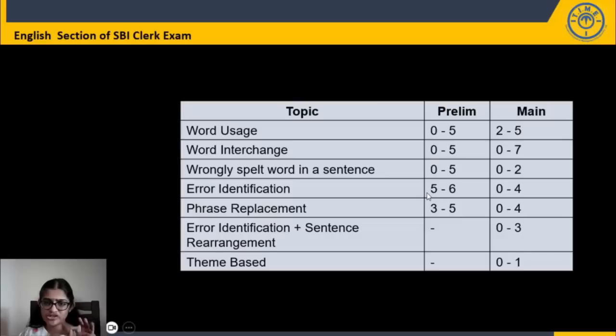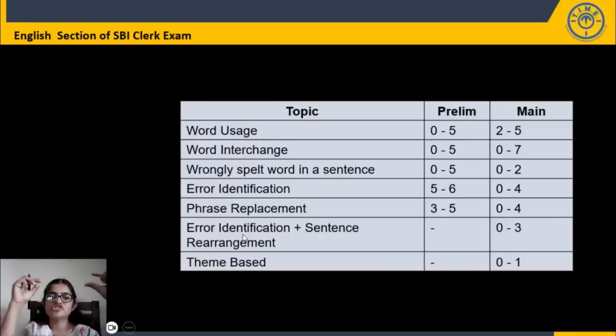Error identification in prelims, you can definitely expect 5 to 6 questions. In mains also, up to 4 questions you can expect. Phrase replacement also definitely in prelims you get 3 to 5 questions. Again, in the past, based on past trends. And in mains exams, you can expect maybe up to 4 questions.